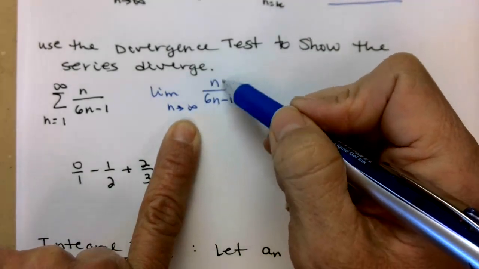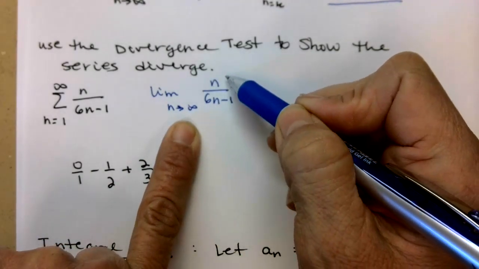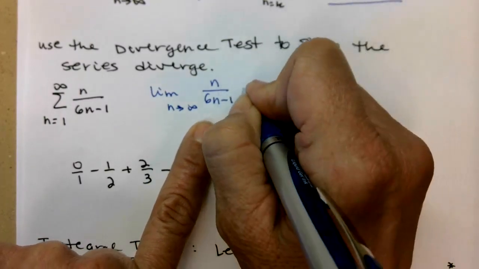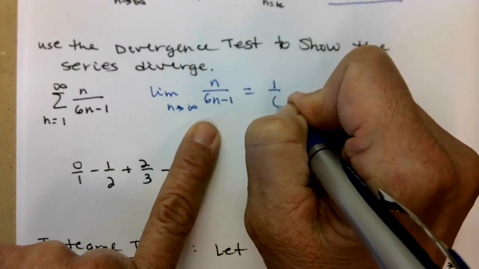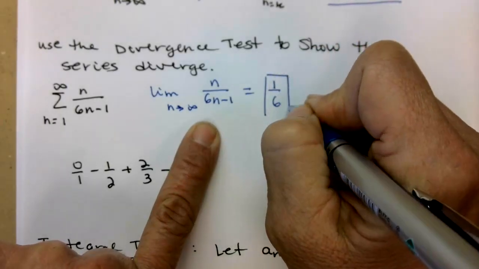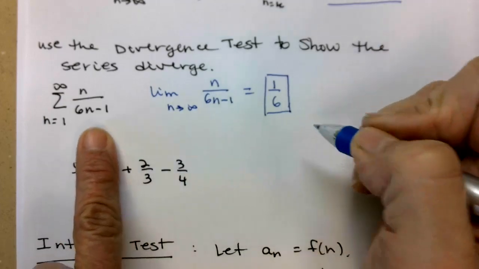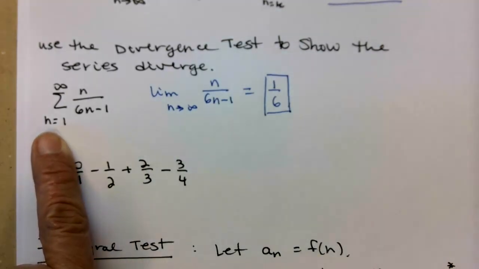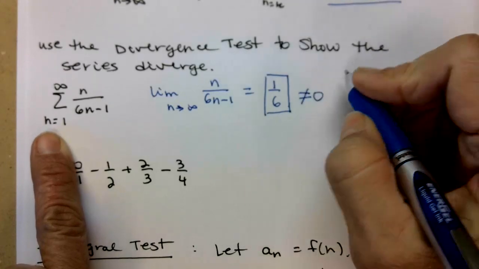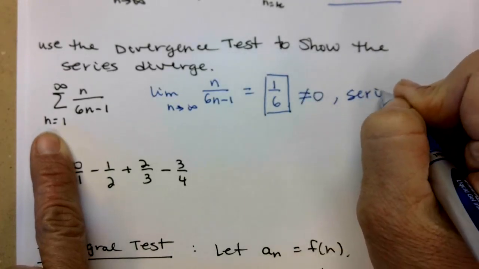So we're looking at the powers of your n's, so they're the same. So the ratio is what our limit goes to, the ratio of those coefficients. So the nth term tends to 1/6 for big n values. That's not 0. So since this is not 0, the series diverges.